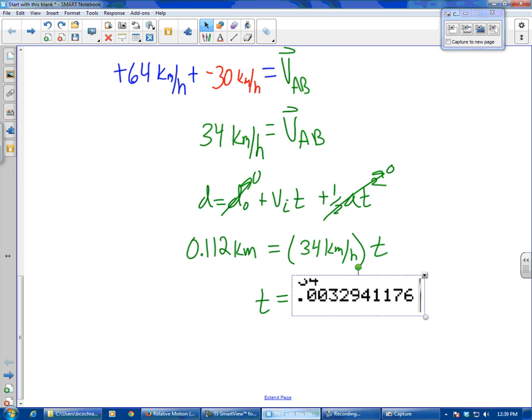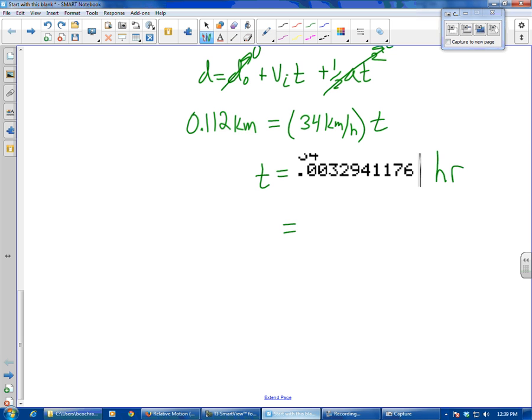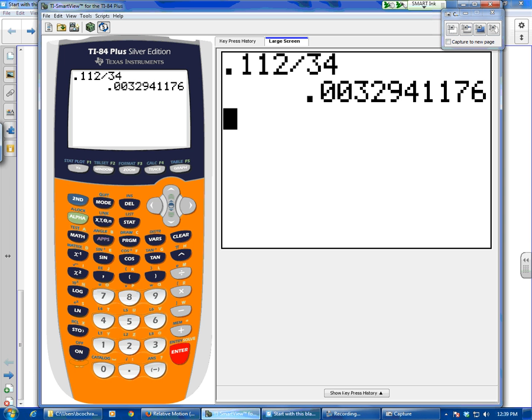I'm not done yet. That's hours. What does it ask for units of? Seconds. So I got to convert that to seconds. How do I do that? Well, I multiply by, is there 60 seconds in an hour? Not 360. I multiply it by 60 seconds in a minute times 60 minutes in an hour.